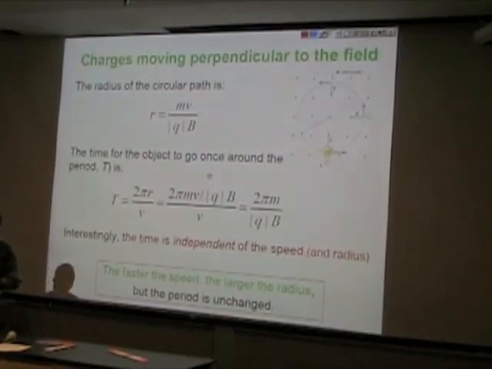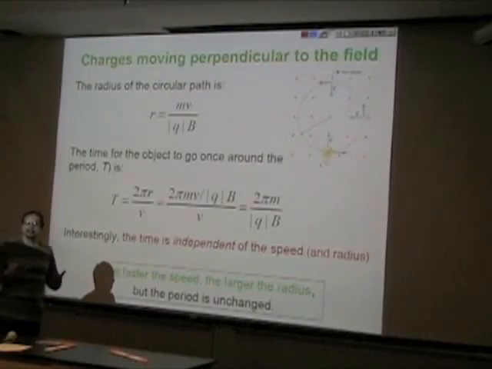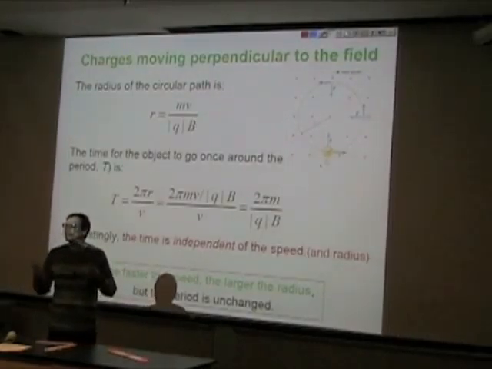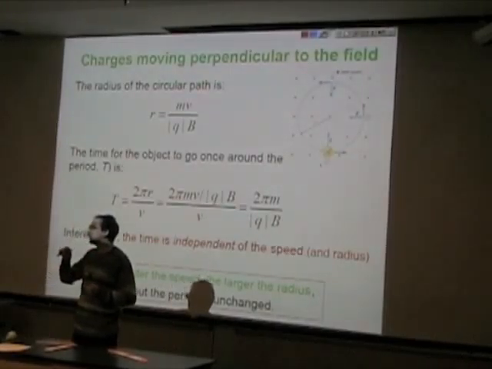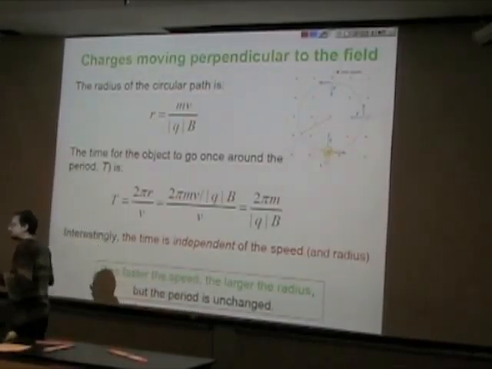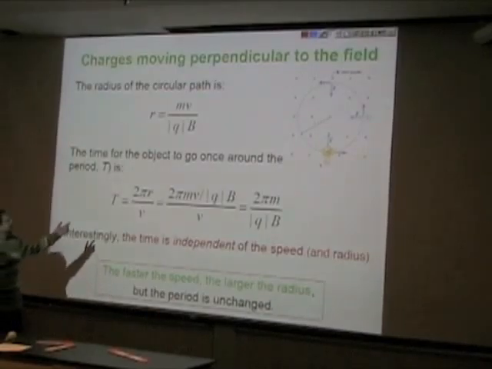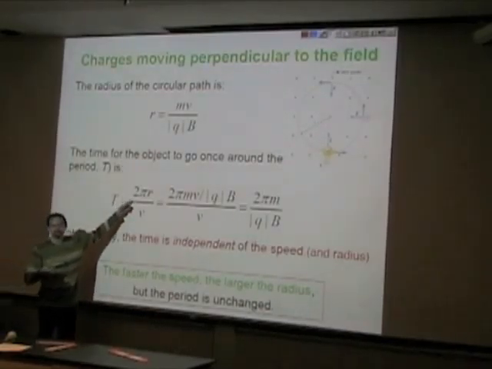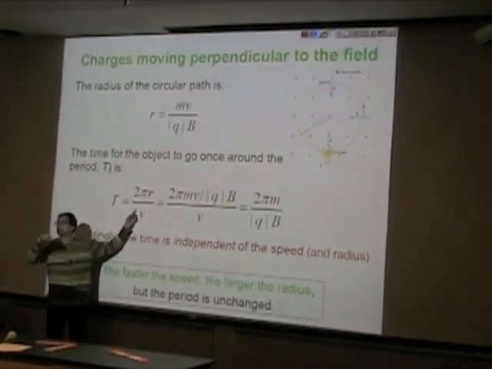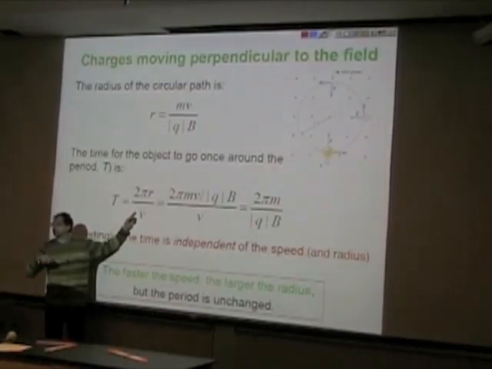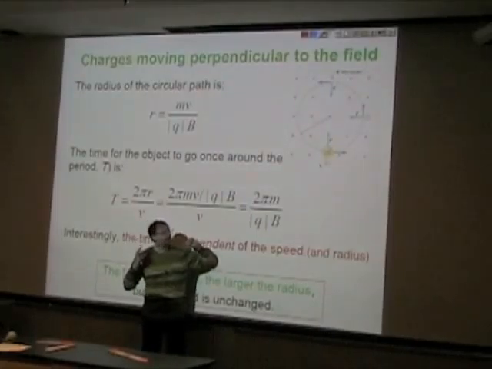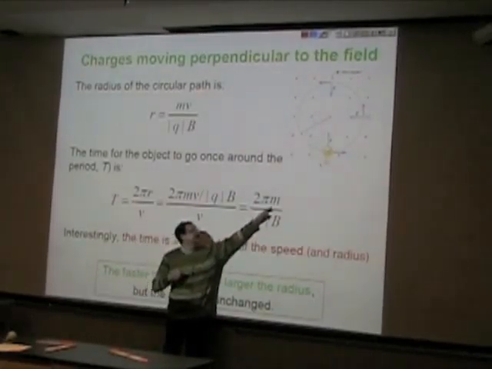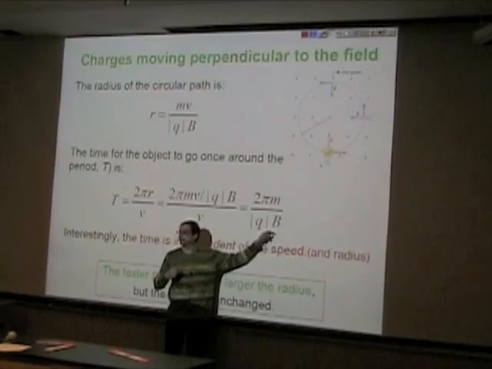And of course, with this circular motion, we can introduce a physical variable, a period, how much time it takes to make one whole circle. To calculate the period, we just have to calculate this ratio, distance traveled, which is the circumference, divided by speed. Turns out the period depends only on 3 variables: the mass, the charge, and the field.